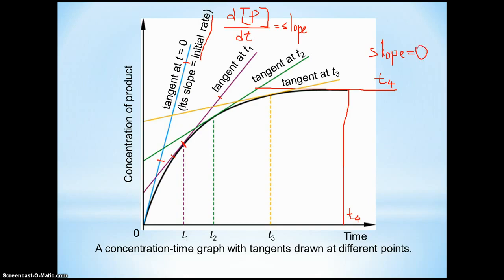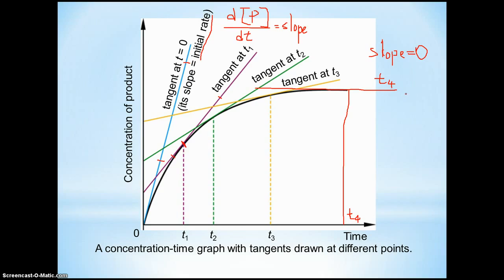So we notice that the rates of the reaction can be calculated like this. At the very beginning, the slope, that means the rate of this chemical reaction, is very fast. But soon it becomes slower, slower, slower, and eventually it gets to 0.